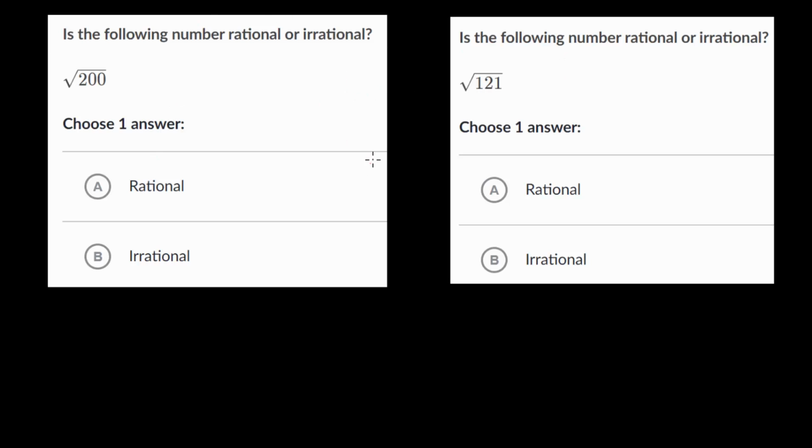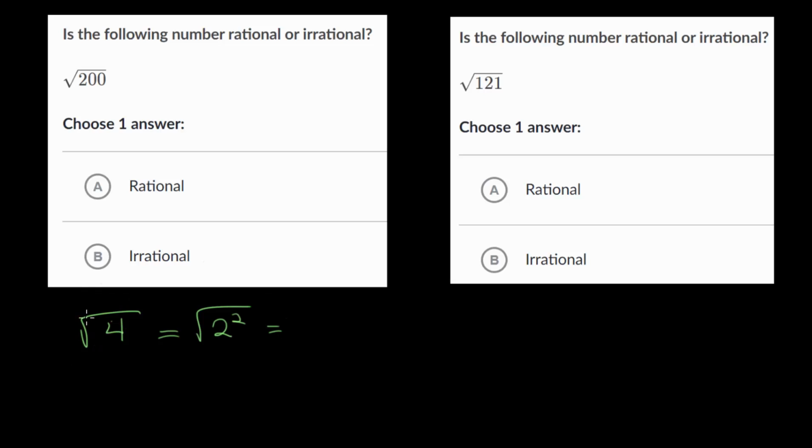So in the last several videos, we looked at different decimals, and in the intro video, we did look at one example of a square root, but in general, square roots tend to be irrational. But there are certain instances where a square root is a rational number. Specifically, if you have a square root of a number that can be written as a perfect square. So 4 can really be written as 2 squared.